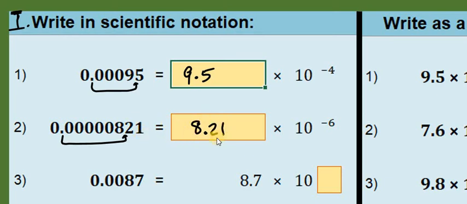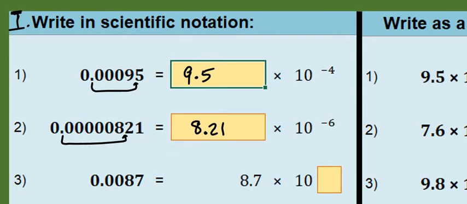In fact, this number here, 8.21, when you multiply it by a negative power of 10, we shift the point to the left. And so to the negative 6th power will be, go 6 places to the left, 1, 2, 3, 4, 5, 6. So we'll end up back with this number, 0.0000821.